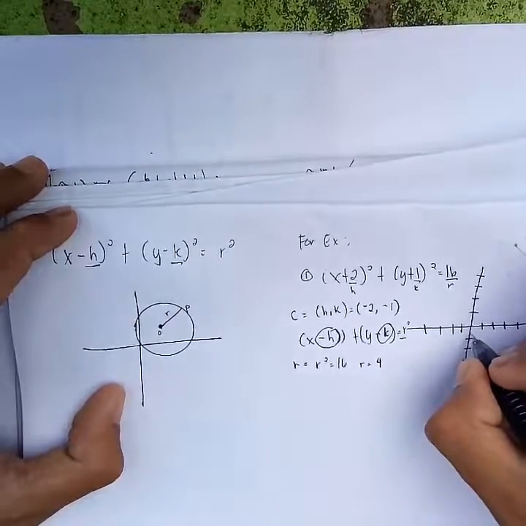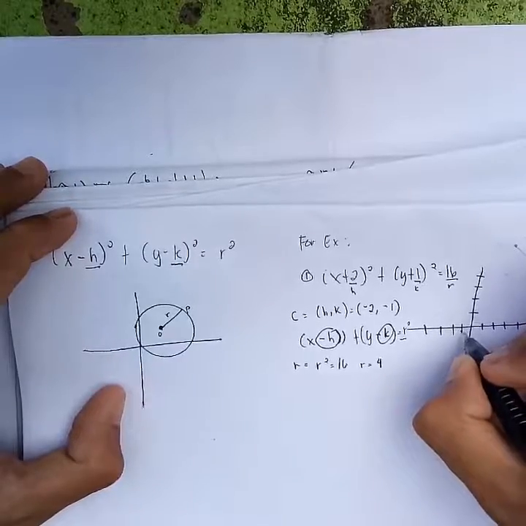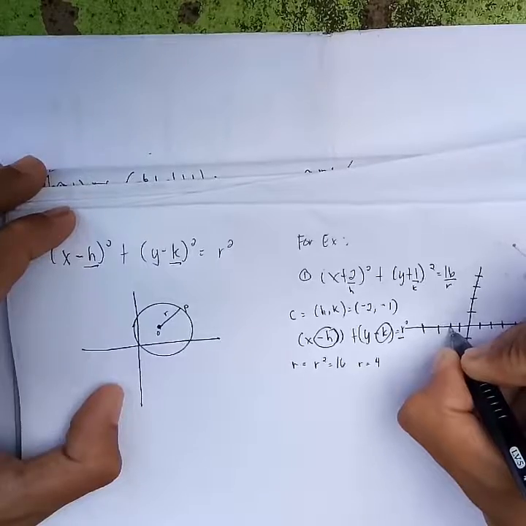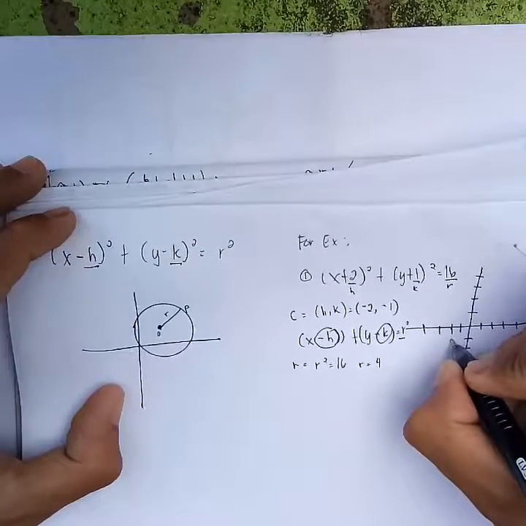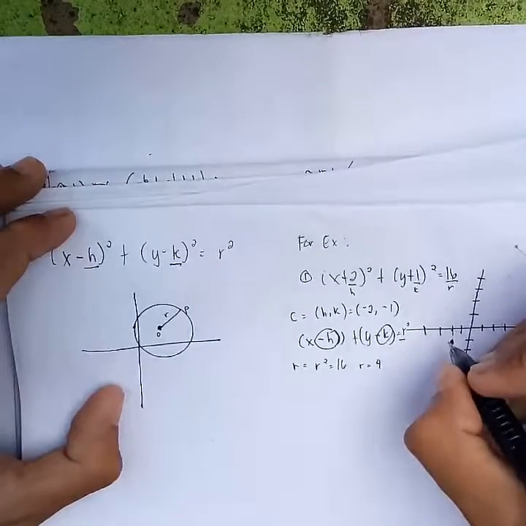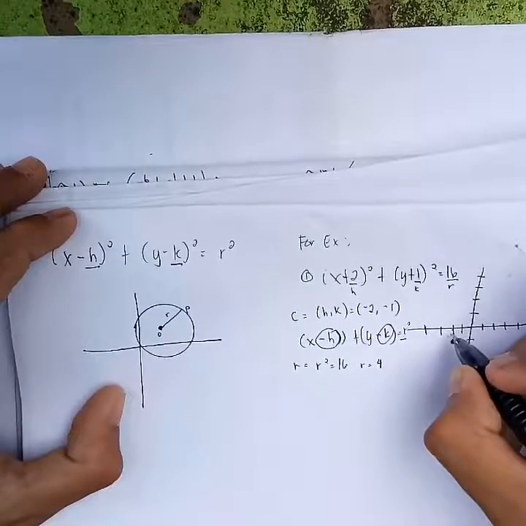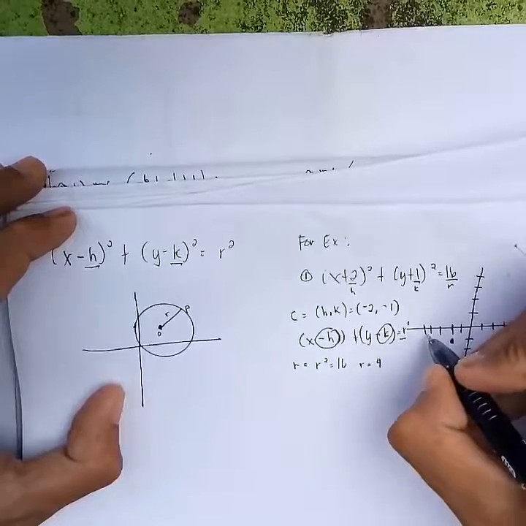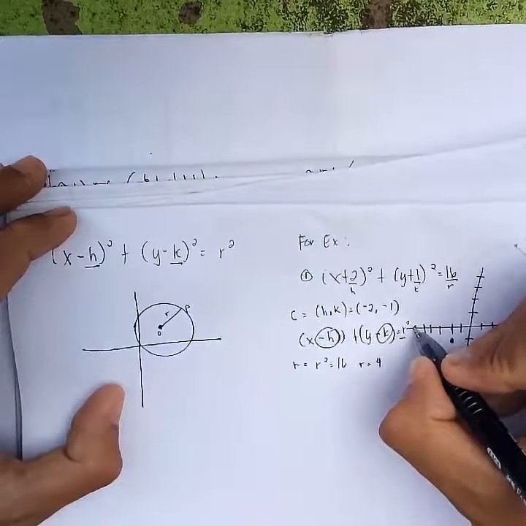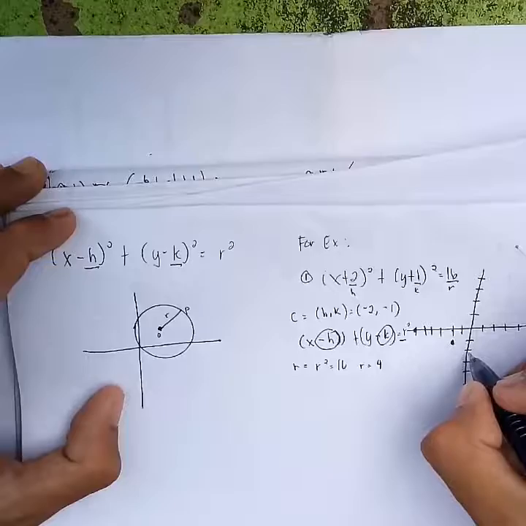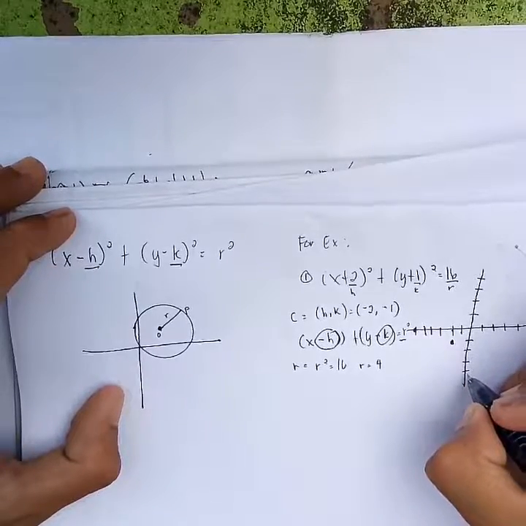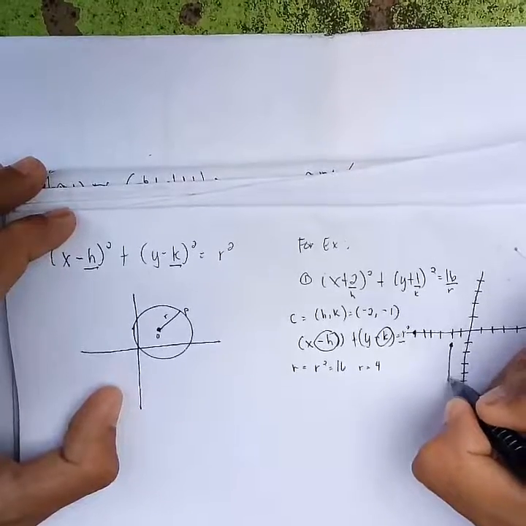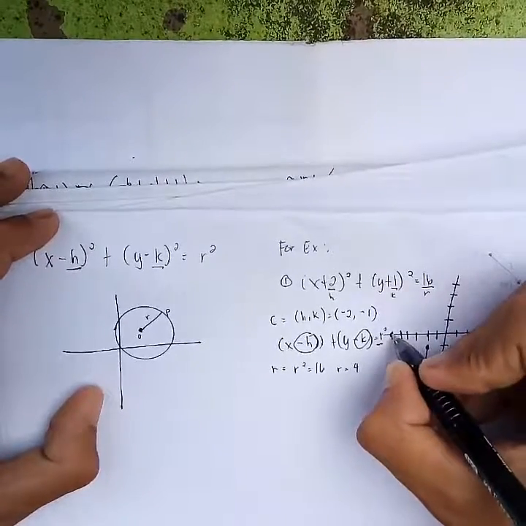And to plot that, our center will be negative 2 in the x-axis and negative 1 will be our center. What will be our radius? Let's count 4. 1, 2, 3, 4 here. 1, 2, 3, 4 here.